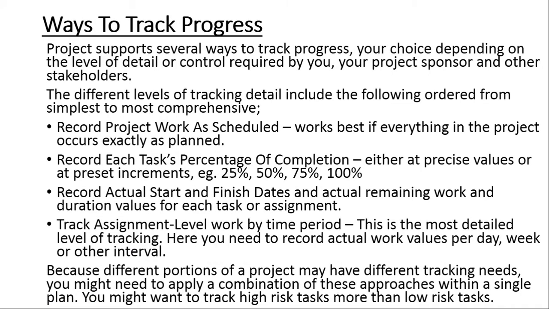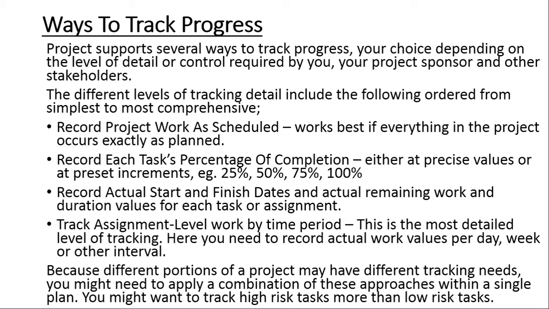There are different ways of tracking progress inside MS Project depending on the level of detail or control that is required by you, your project sponsor, and other stakeholders. We are going to be looking at 4 main ways of tracking in MS Project.